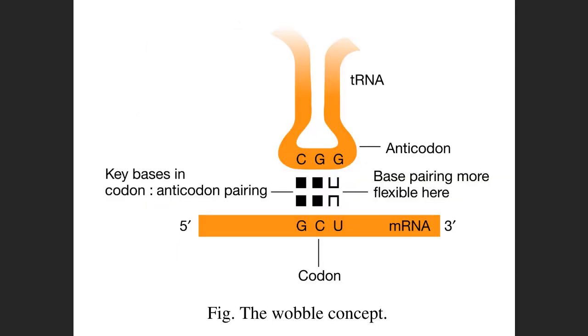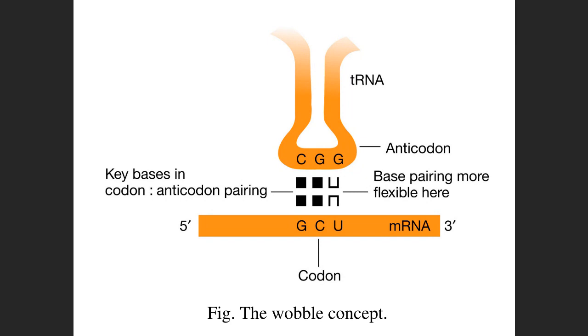Then you come to the wobble concept. What the concept tries to say is, for the codon, the first 2 are very important.